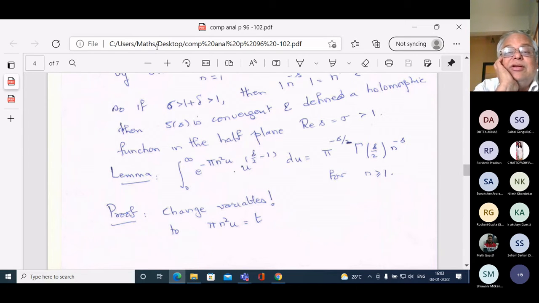My claim is that that particular integral... why do you want to look at this integral? How did I come up with this integral? It's not that difficult to justify, because I want a certain gamma function on the right hand side.